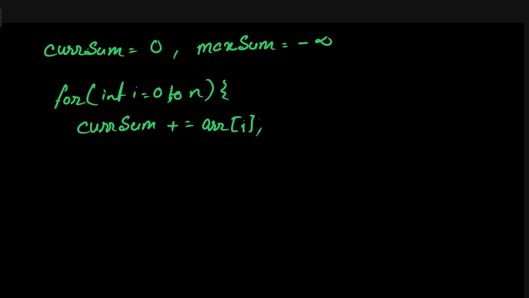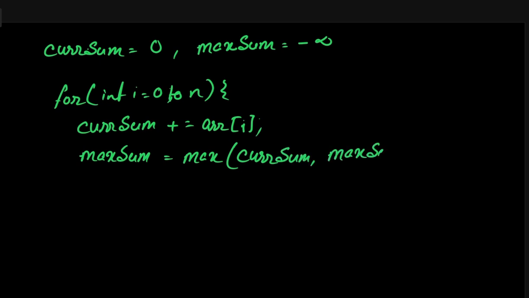After adding an element, it will check whether the maximum sum is less than the current sum. So max sum is equal to the maximum of current sum and max sum.